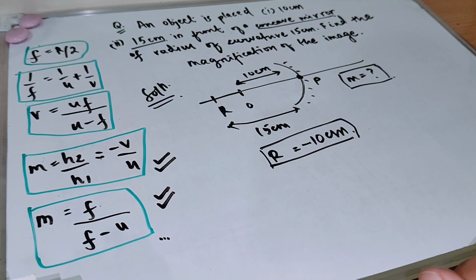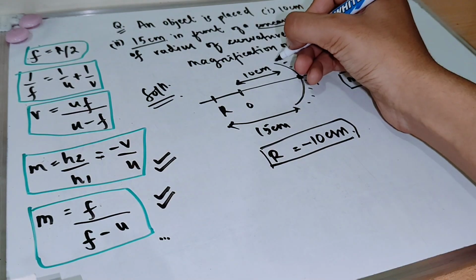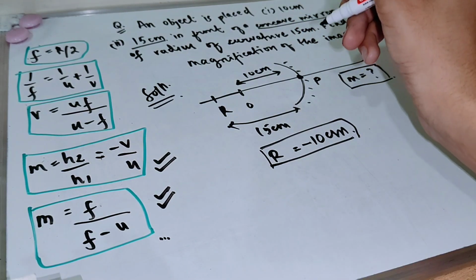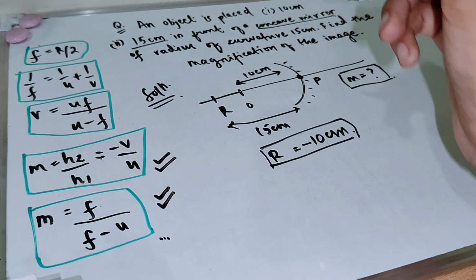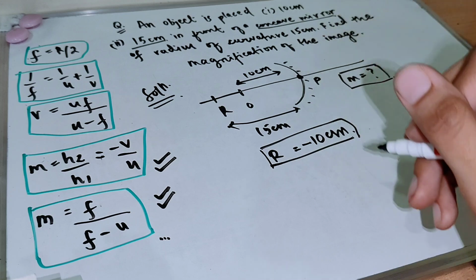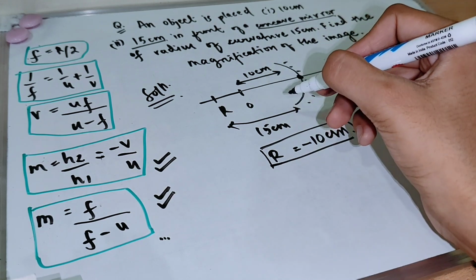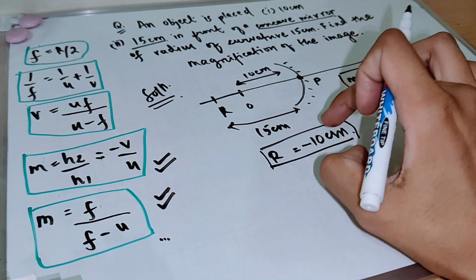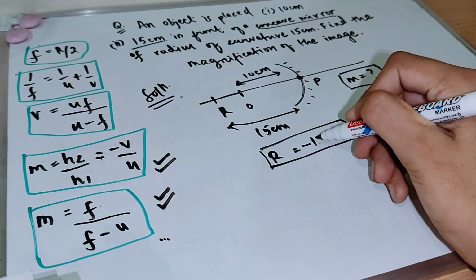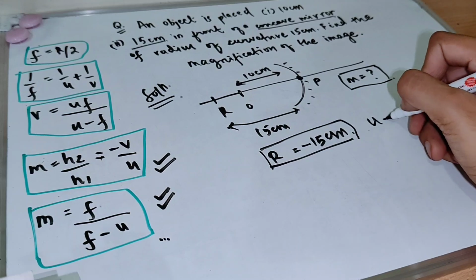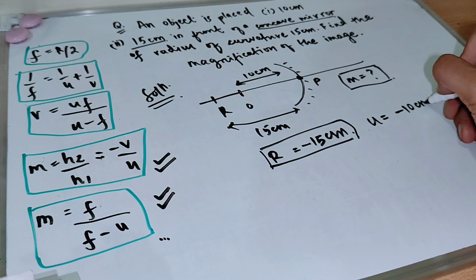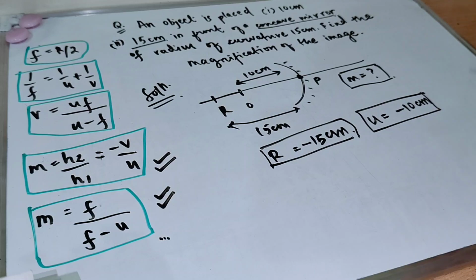They will only write the magnitude of the distance. So I will myself have to understand that if it is a concave mirror, then the radius must lie on the left hand side, and the object is always taken on the left hand side. So the radius of curvature is minus 15 centimeter. Sorry, the object distance is minus 10 centimeter.